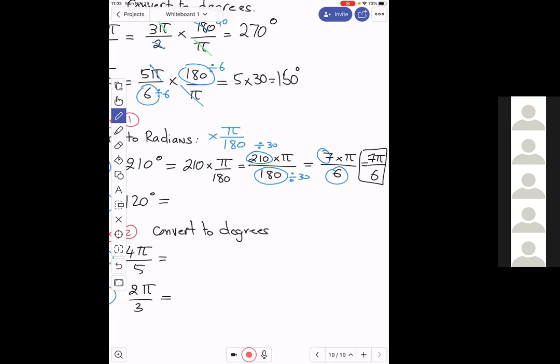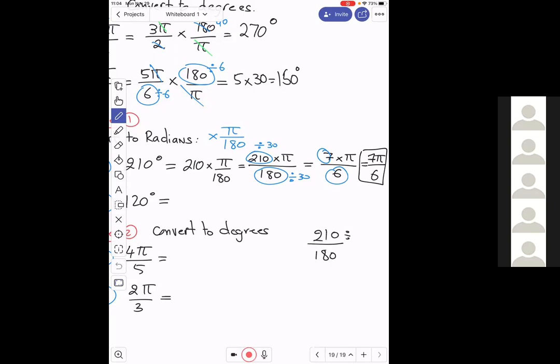Okay, but I don't know how you got the 0.9, because 7 over 6 is 1 point something, right? It's more than 1. Professor, hold on, where did you get the 7? Yes, 7 because it's 210 over 30. We have 210 over 180.